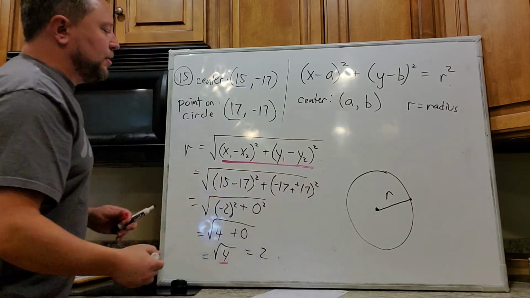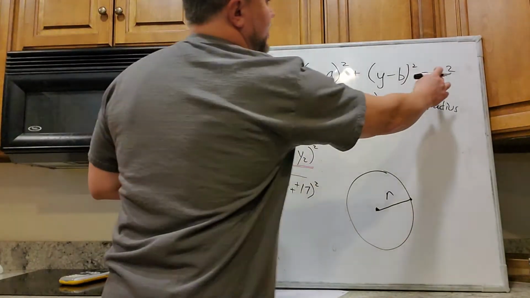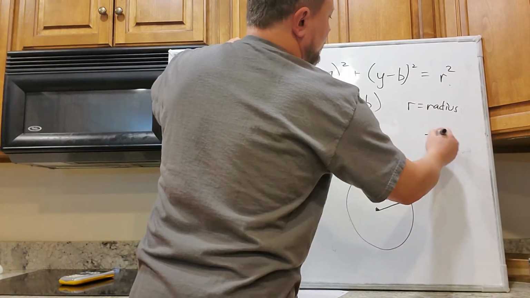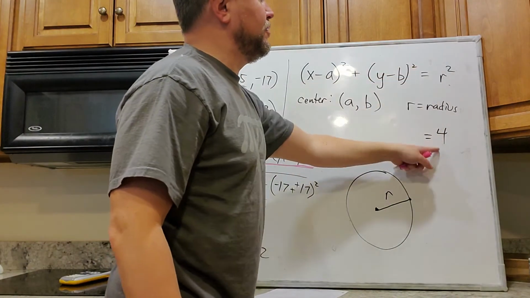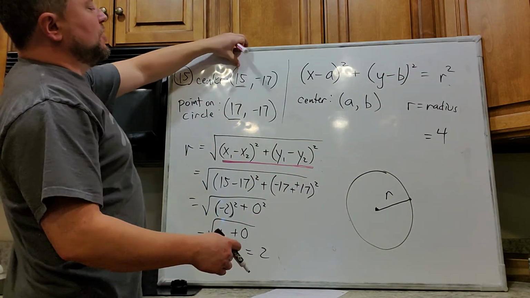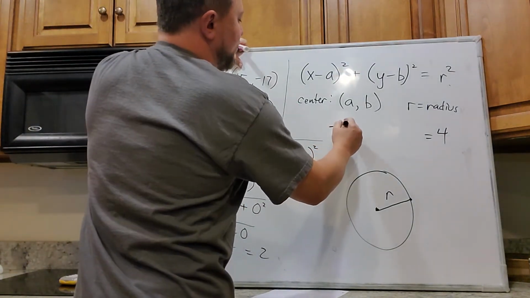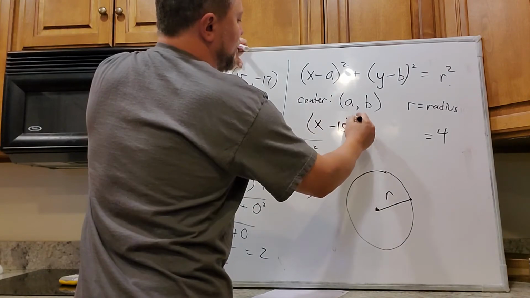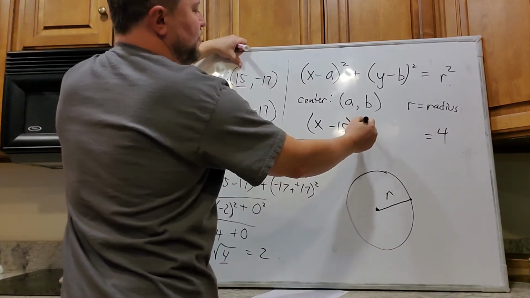Remember I said I just want what's underneath the square root. So that 4 is what's going to be the r squared part. Okay, it's the 2 here already squared. Then remember here's our center point. So this 15, the opposite of positive 15 is negative 15. So the first part of our equation is going to be the quantity x minus 15 squared.